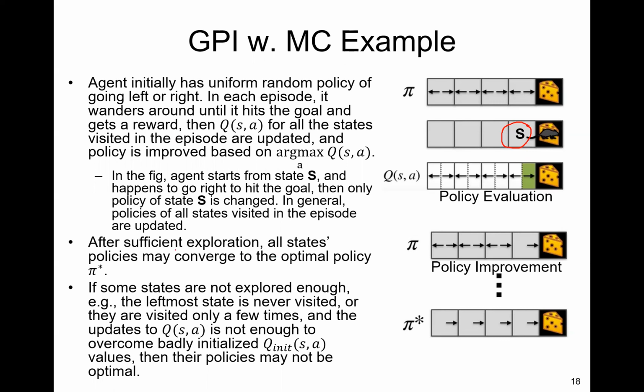After sufficient exploration, hopefully for all states the policies may converge to the optimal policy pi star. But if some states are not explored enough, for example, you never visited a given state, or they're only visited a few times, and the updates to the Q functions are not enough to overcome the badly initialized Q init values, then their policies may not be optimal.